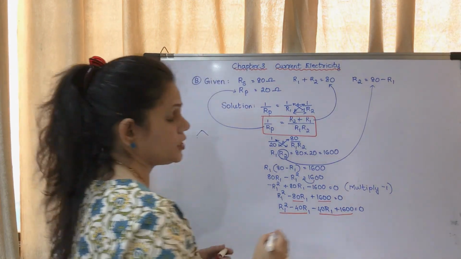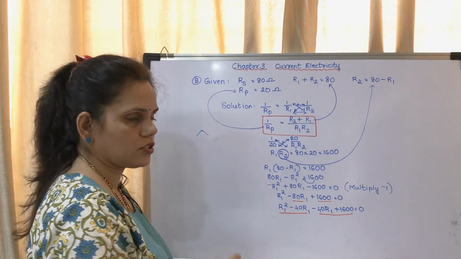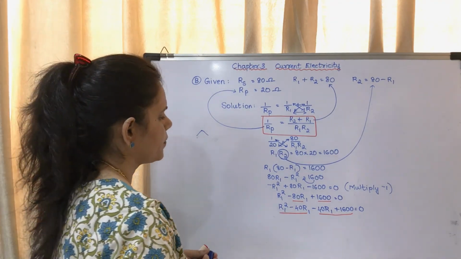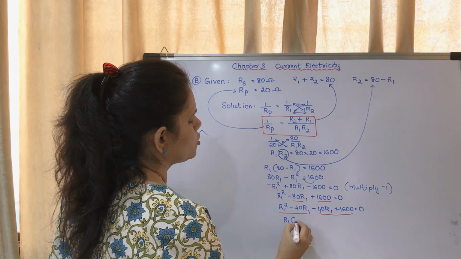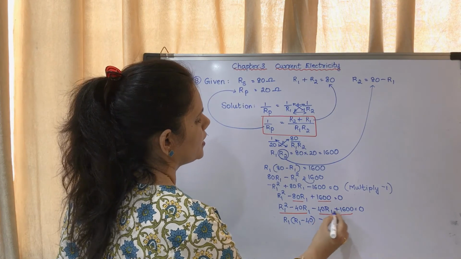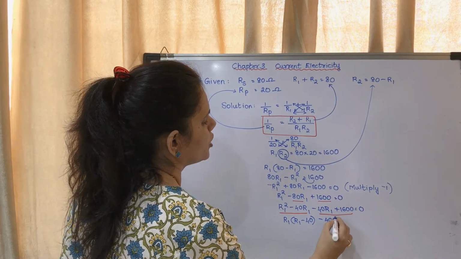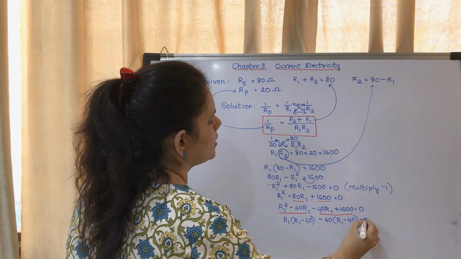This is a method which you have in your maths textbook. If you have finished, okay, otherwise you may do this for the time being. So R1 is common here, so it will become R1 minus 40, minus, here 40 is common, so 40 into (R1 minus 40), that will be 0.